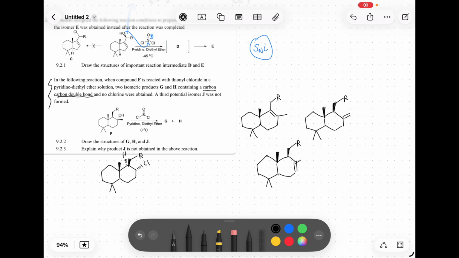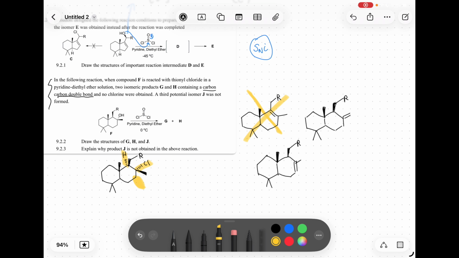So this is going to be your chlorine, and this is going to be your methyl group. And so we see that this chlorine here and this hydrogen here are no longer anti-periplanar, and that means that this elimination cannot occur, and therefore this product is not formed.